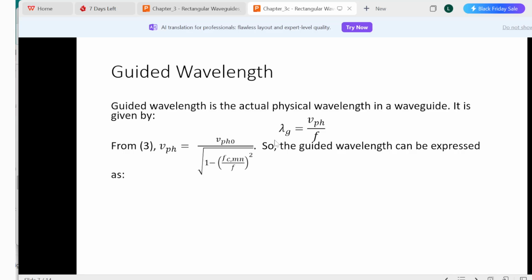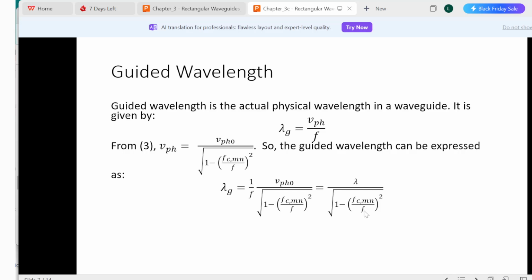So as a result, if we substitute this expression into this formula, we will get this. And of course, the phase velocity divided by the frequency is definitely the free space wavelength. So this is the so-called guided wavelength.